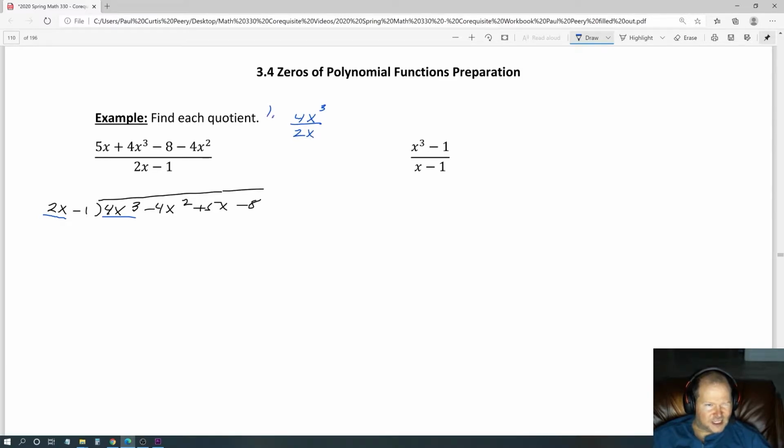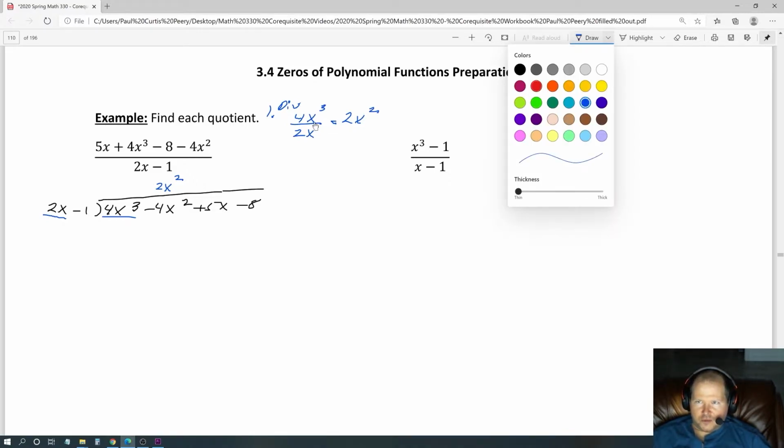That's the first step, division. 4 divided by 2 is 2, and x cubed divided by x is x squared. You put the result of the division on top, lined up over the other x squared terms. That's the first step.